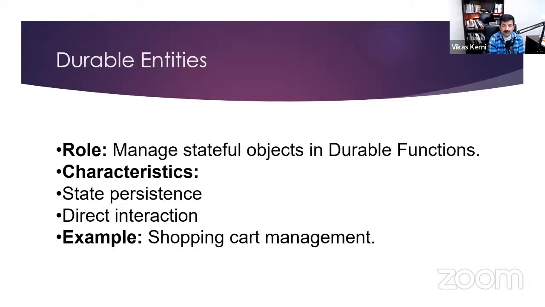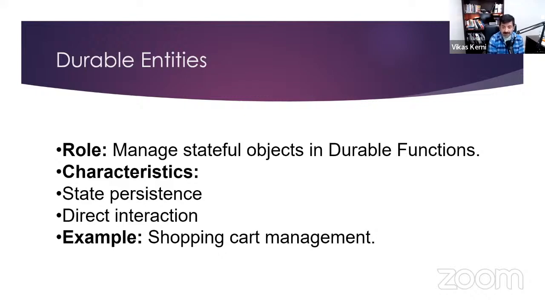Durable entities. These are the entities which maintain state. Some examples could be a counter. You are maintaining a lot of activities, and you are maintaining how many orders are being processed. Here this durable entity will come into the picture.